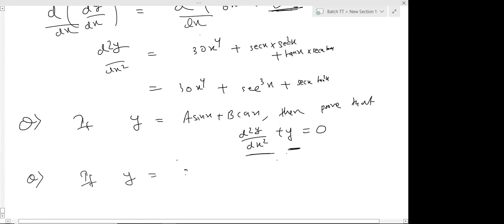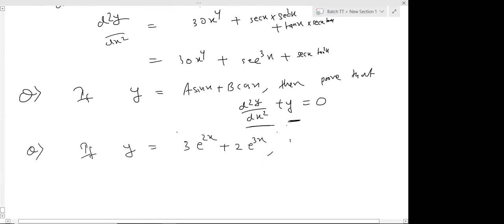If y equals 3e to the power 2x plus 2e to the power 3x, prove that d square y upon dx square minus 5 dy by dx plus 6y equals 0. All right.